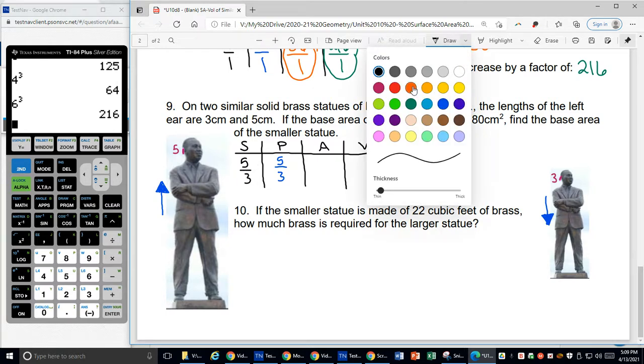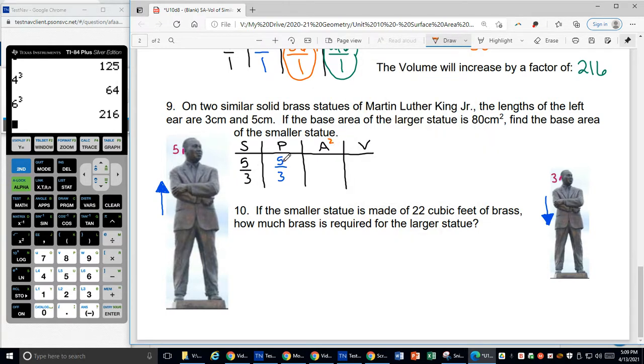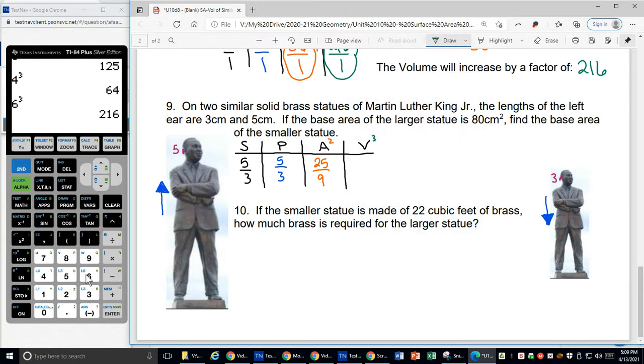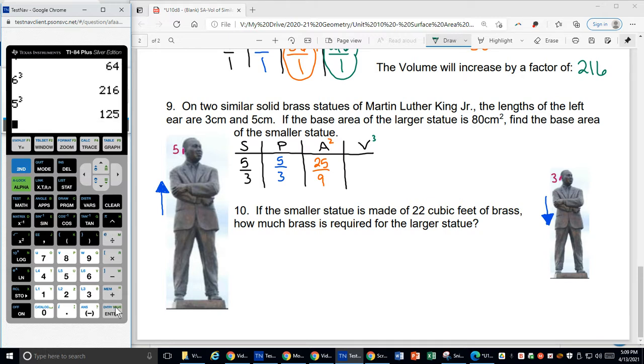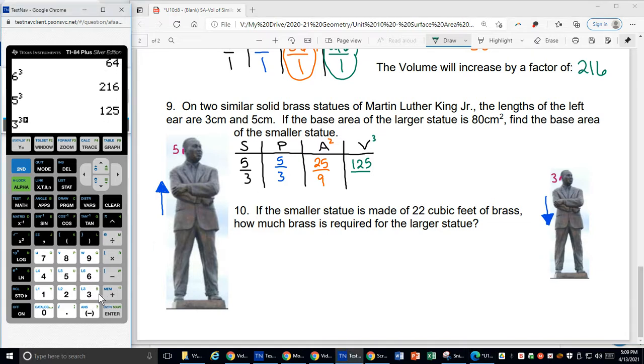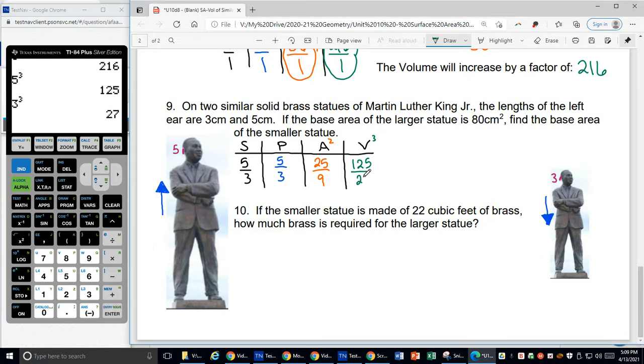The ratio of the areas is squared, 5 times 5 and 3 times 3, 25 to 9. The ratio of my volumes is cubed, so 5 to the third power, 125, over 3 to the third power, 27.